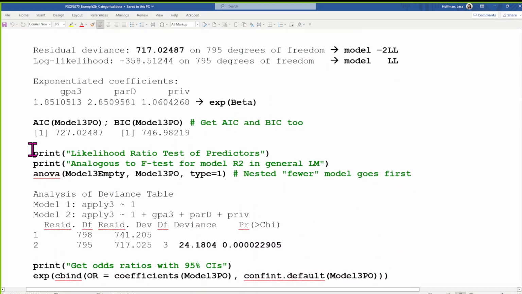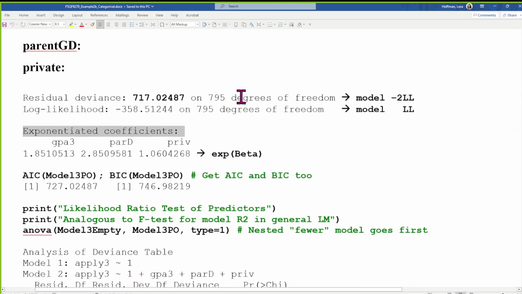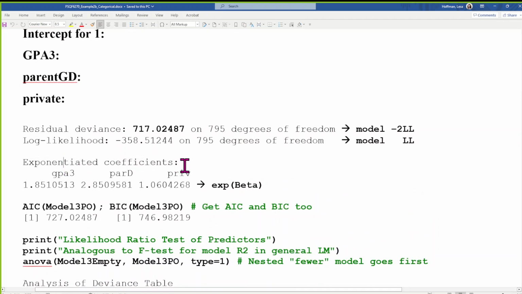Oh, it gives you exponentiated coefficients as your label. What would normal people call that? I'm going off the labels of the R output for the same model here. Exponentiated coefficients, what are those? Odds. Those are your odds ratios. E to the slope.